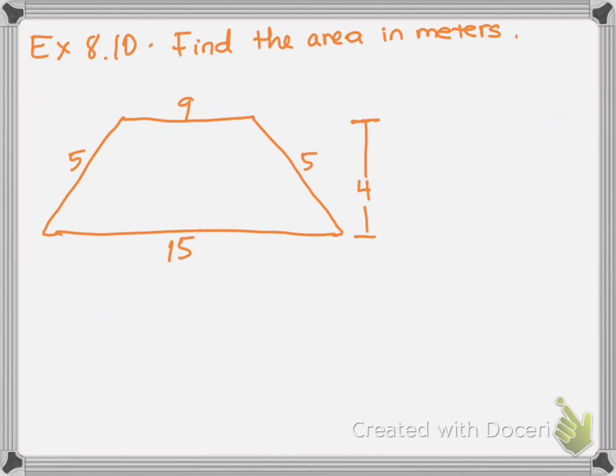In this last example, example 8.10, we have to find the area of this trapezoid. Again, I already shared with you the formula for a trapezoid. We're going to do the big base plus the small base, times the height, divided by 2. Notice how I use a lowercase h because we're talking about the height of a two-dimensional figure.